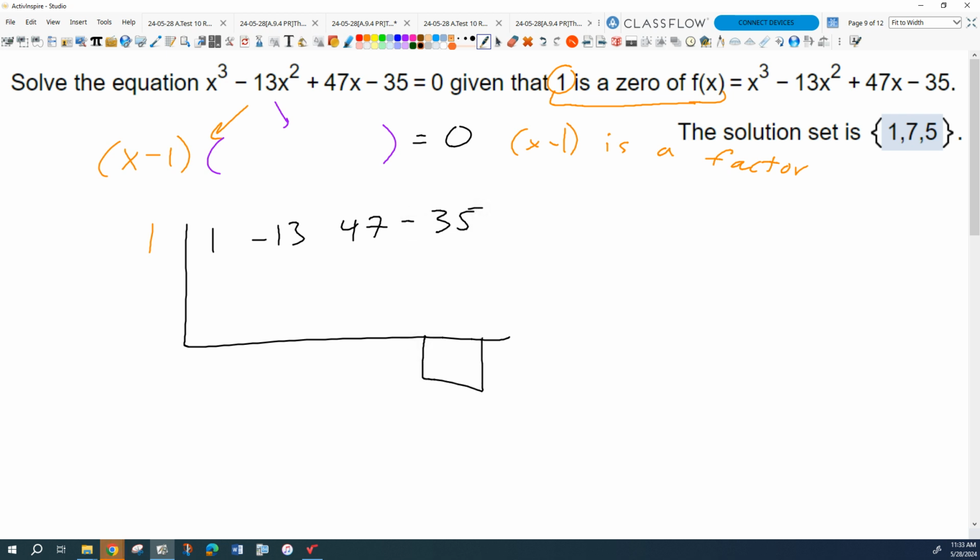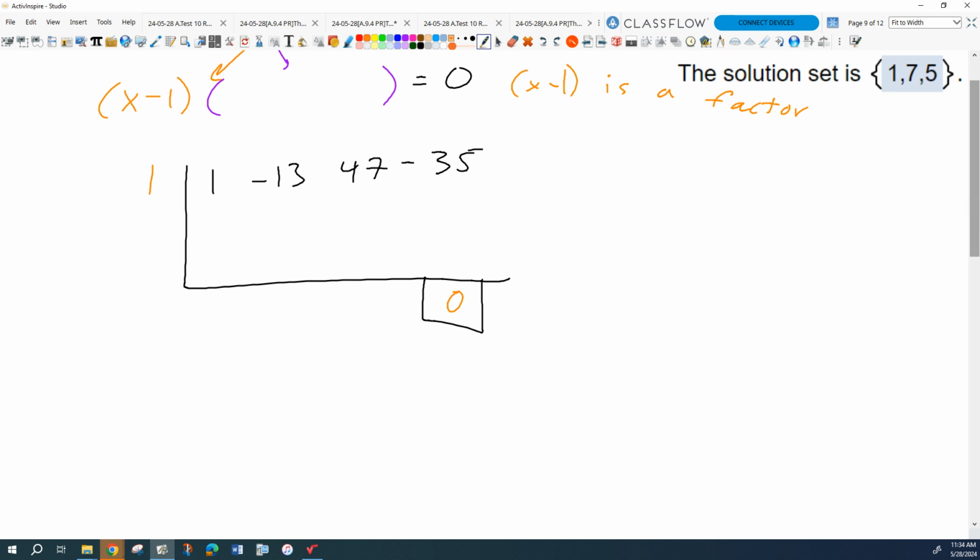And we know that the remainder is 0, right? So then if I do this synthetic division, what do I do synthetically? Times by 1. Add. So they add to 0.